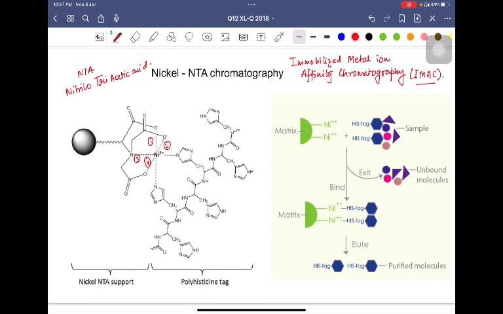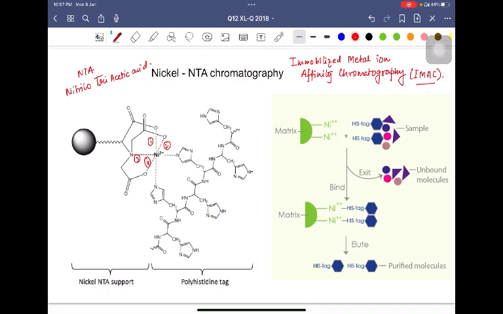These two coordinate bonds can form with the imidazole ring on the protein structure. Now, where is this imidazole ring present? If you look at the structure of the amino acid histidine, in its side chain we can find an imidazole ring.